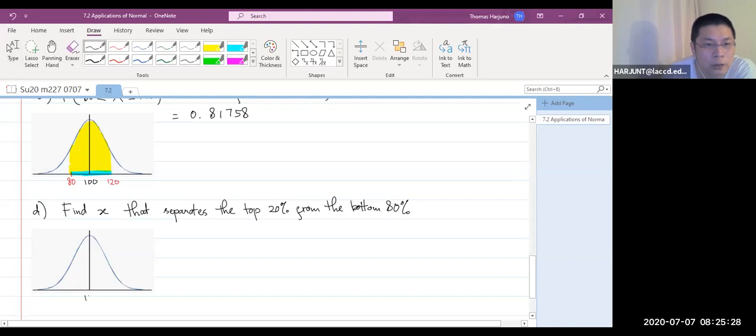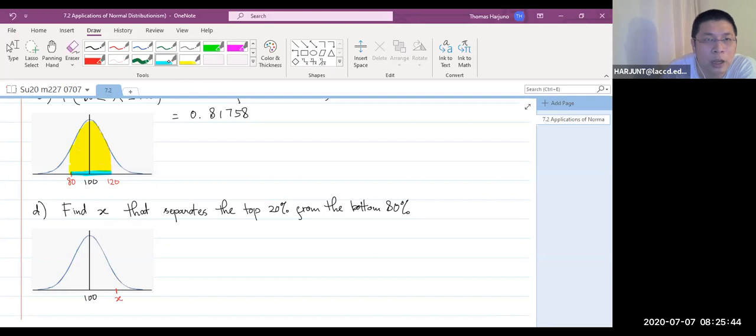We want to find the cutoff score, what is this X here, or you can also call that C, we usually call that C. Find that X there such that the area to the right is 20%, and the area to the left is 80%.